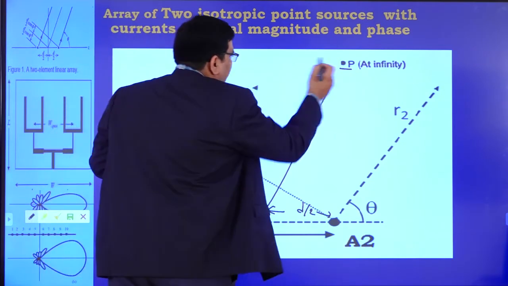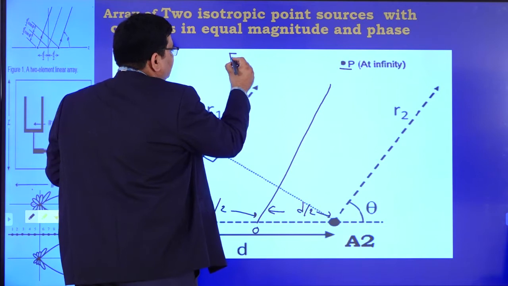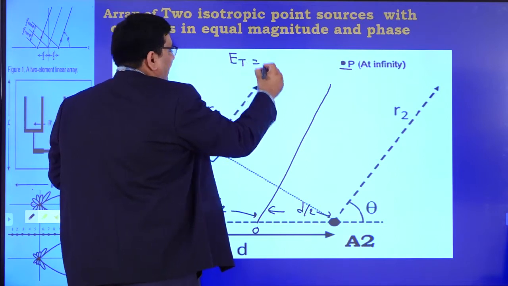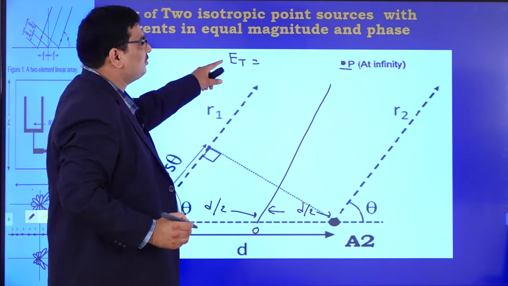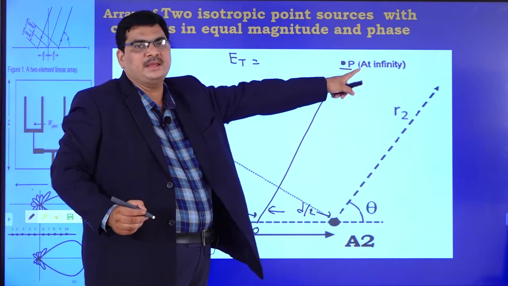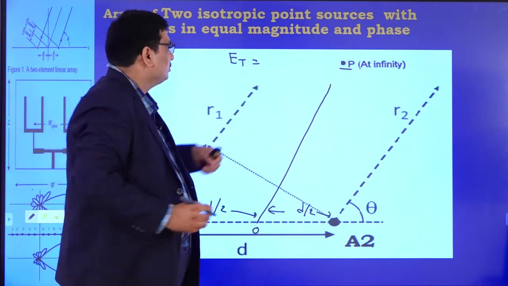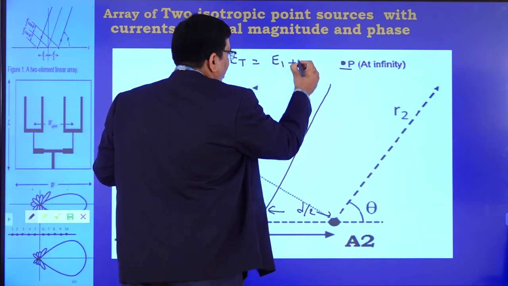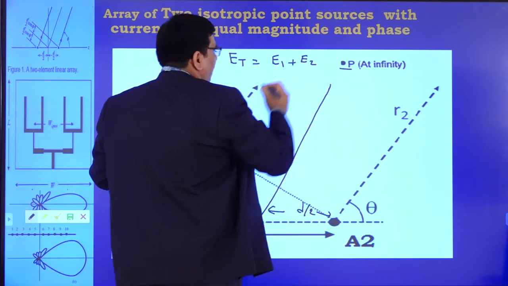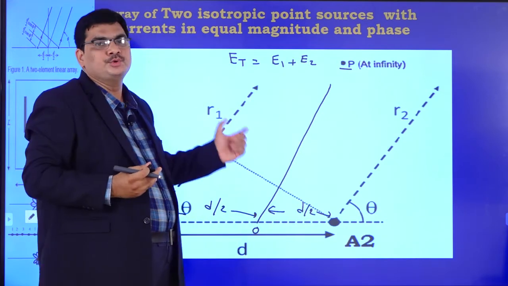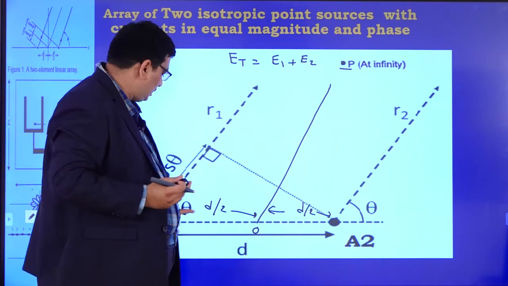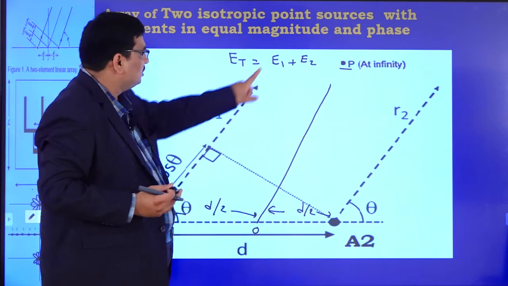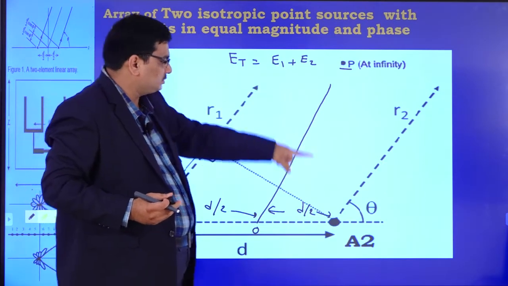This is ET. As per the definition of an antenna array, the total field at a particular point P, the far point, is the summation of all the individual fields. Here the field at 1 is E1 and the field at 2 is E2.